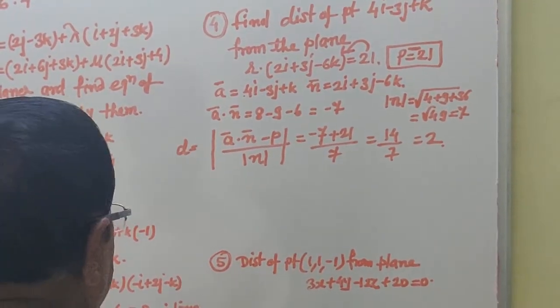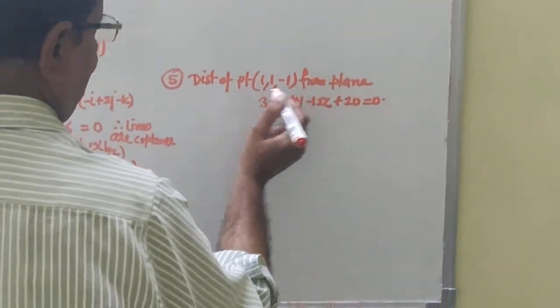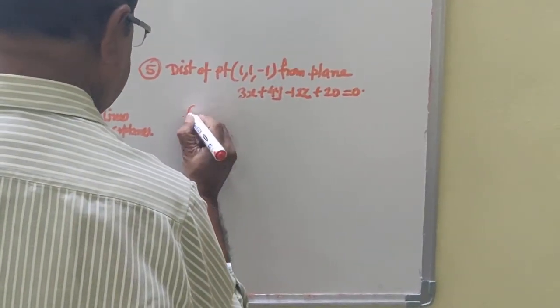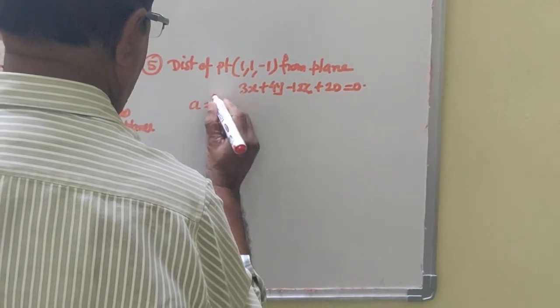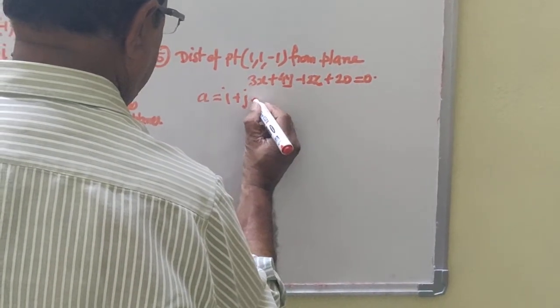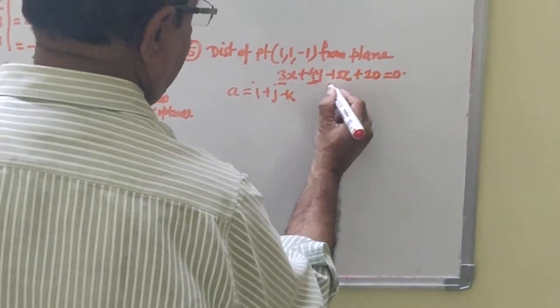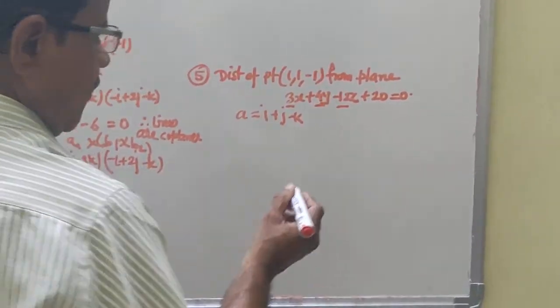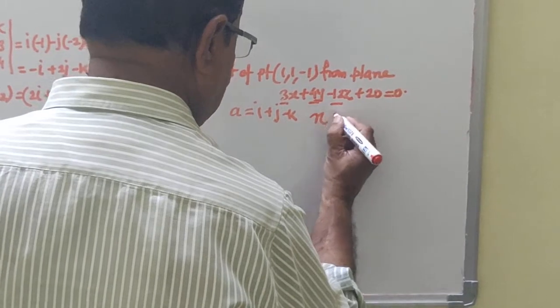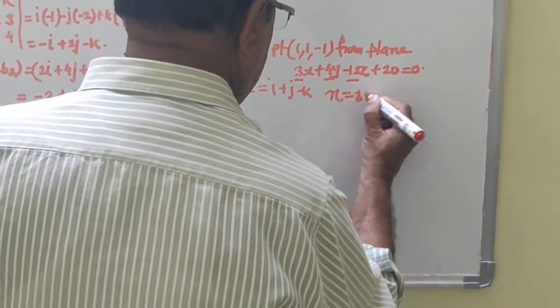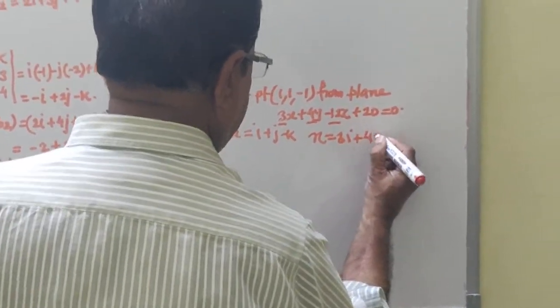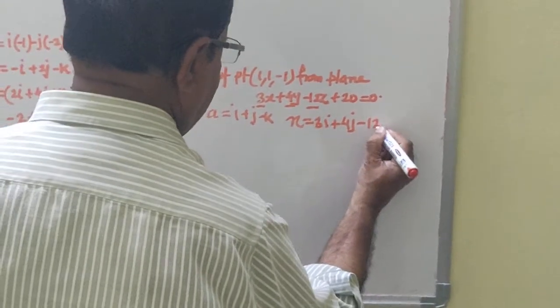Now for the fifth problem, the position point is given, a is equal to i plus j minus k. Now the direction ratios of this plane are given, so I can write n is equal to 3i plus 4j minus 12k.